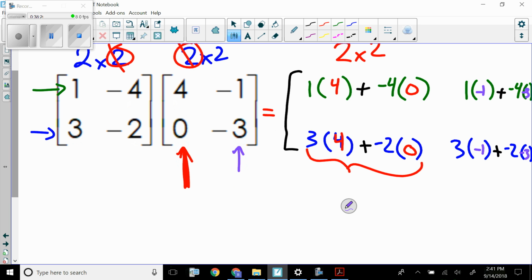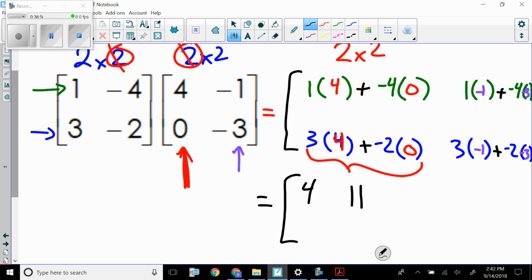All I need to do is simplify it. And I have for 1 times 4 is 4. And then I had 0 for the other one there, so that's just a 4. As I'm moving around, 1 times a -1 would be -1. -4 times -3 is 12. So I have -1 and 12. That makes 11.